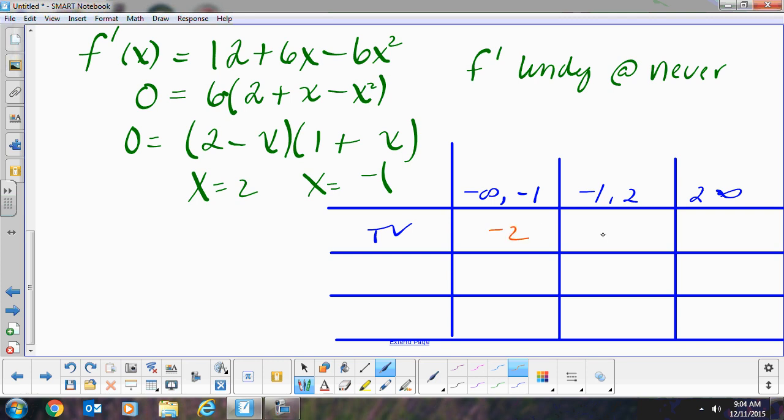All right, that's test value. So this is going to be the first derivative. So 2 minus a minus 2 is positive. 1 plus negative 2 is negative. Putting in 0, we get positive. 2 minus 3 is going to be negative. Therefore, my function is decreasing, increasing, and decreasing.